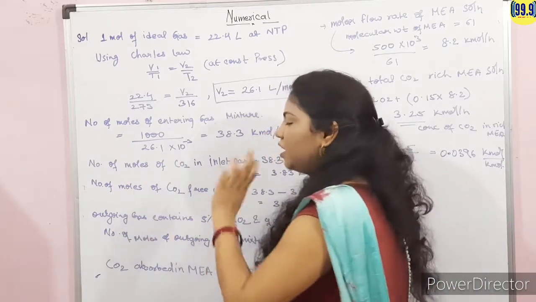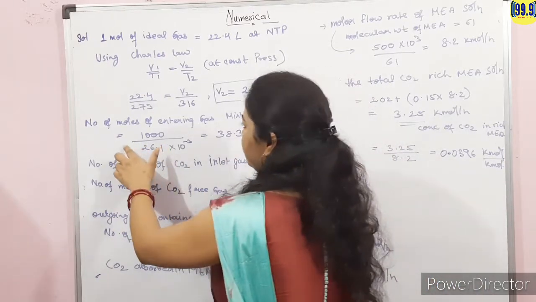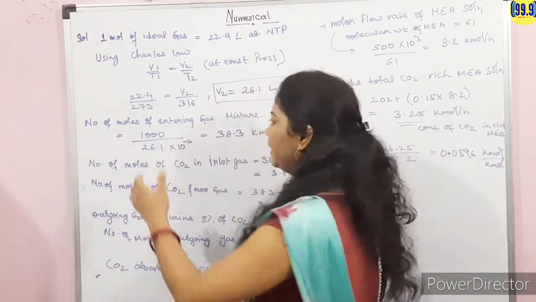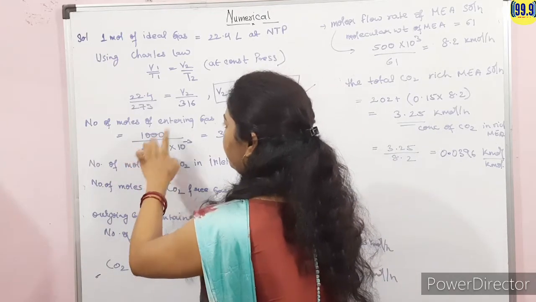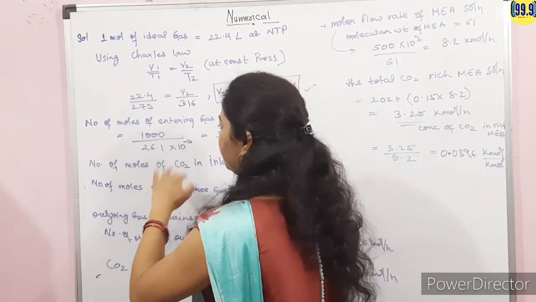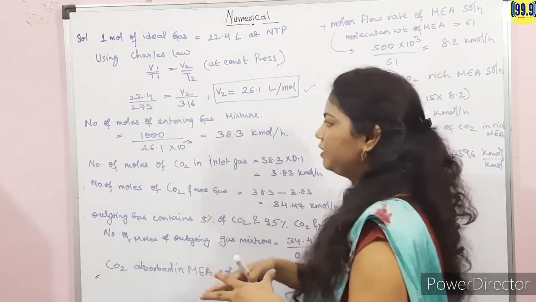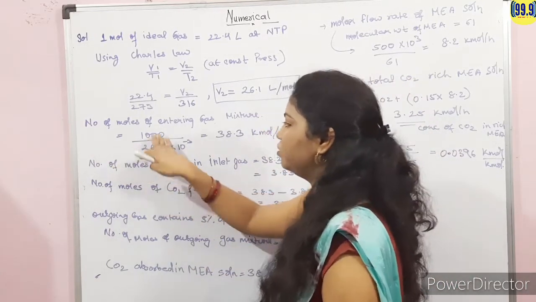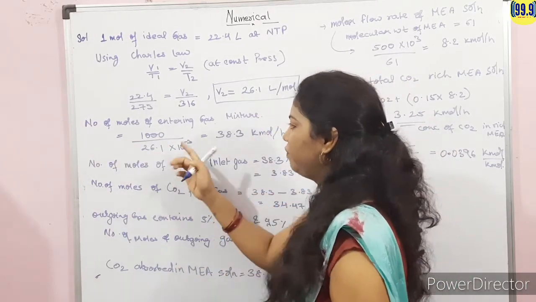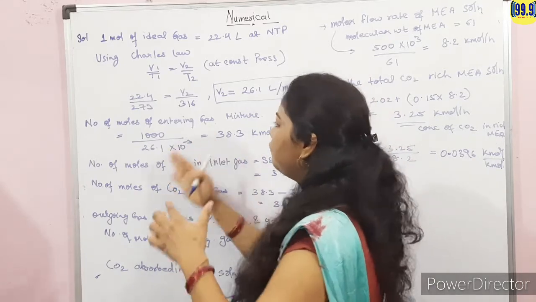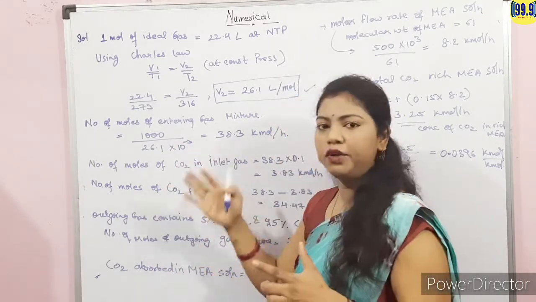The third formula for calculating the number of moles is the flow rate upon the volumetric flow rate. So it will become 1000 upon 26.1 into 10 to the power minus 3, because we are going to calculate in kilomoles.